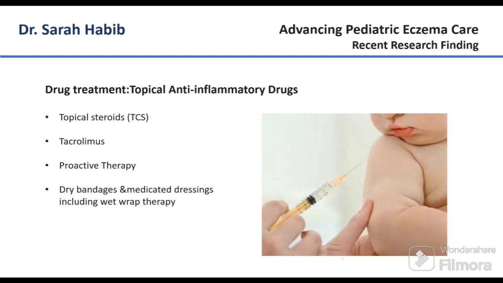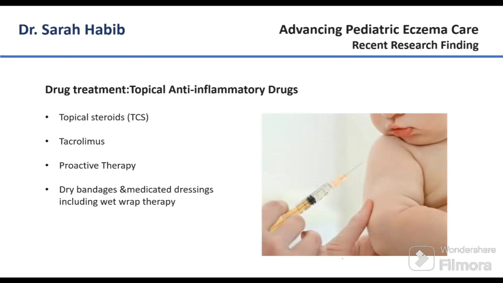And then there are dry bandages and medicated dressings, including wet wraps. Dry bandages are not available in Pakistan, but they can be improvised. Patients can be told to makeshift these dry bandages.